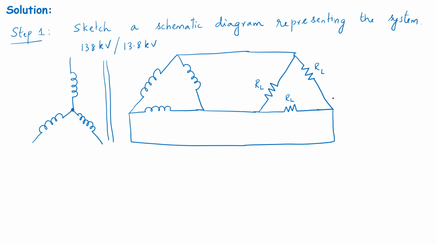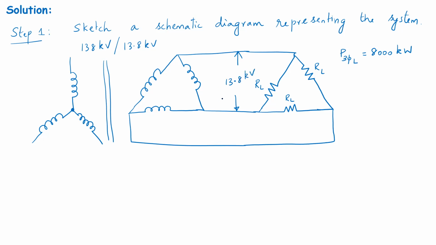And the total power consumed by this three-phase load is specified as P3 phase, or the load end is specified as 8,000 kilowatts. Okay. One more statement was indicated saying that the voltage across the load is nothing but the rated secondary voltage, which is 13.8 kilovolts.